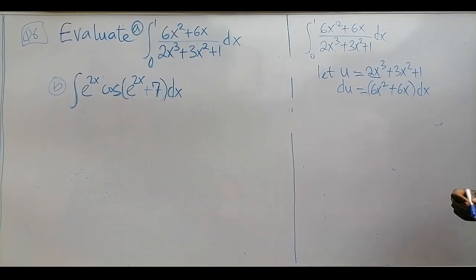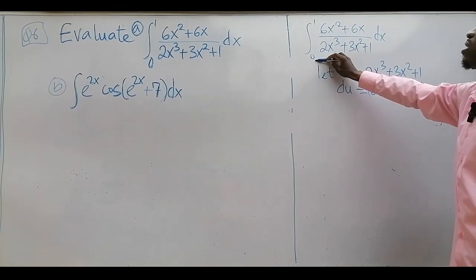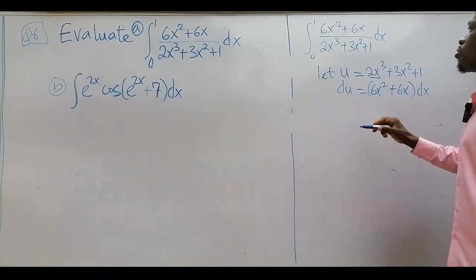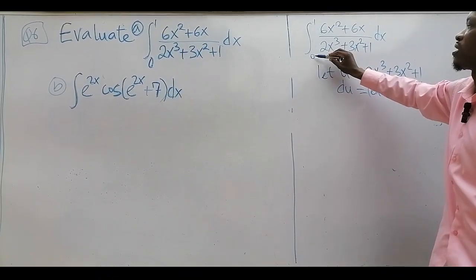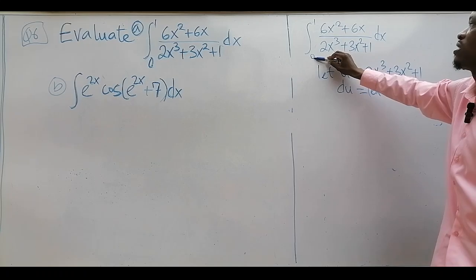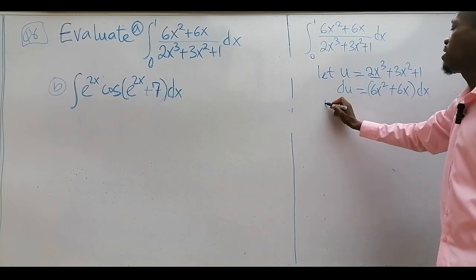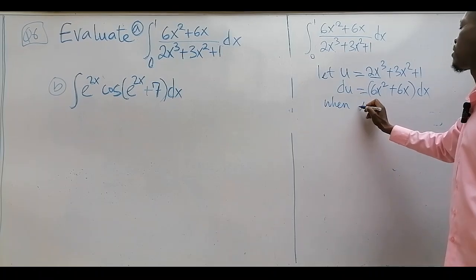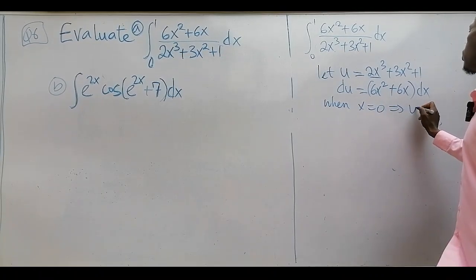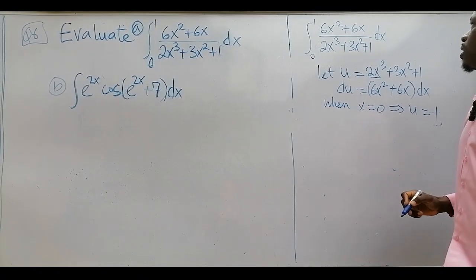Since it has lower and upper limits, we're going to change these also. x is 0 as the lower limit, x is 1 as the upper limit. So we're going to change to u. So when x is 0, u is 1.